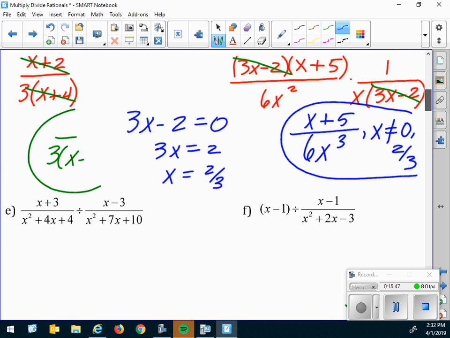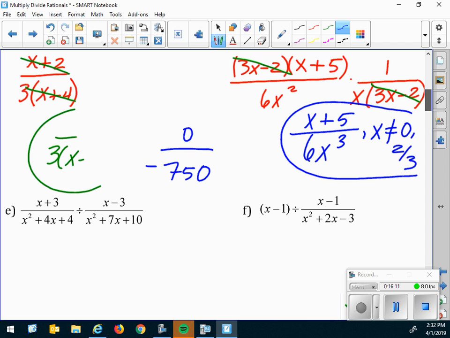If x is negative 5, negative 5 plus 5 is 0, right? And negative 5 cubed is negative 125. Negative 125 times 6, I think, is negative 750, but I can't swear to it.